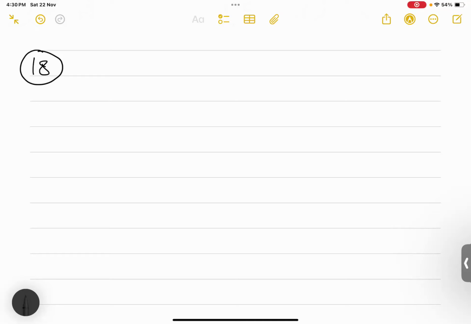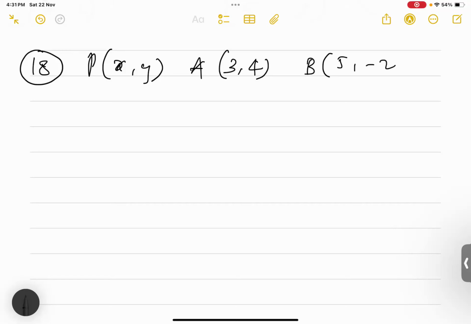Now they are putting a modulus. That means those distances cannot be negative. So P is x comma y. A is 3 comma 4. B is 5 comma minus 2.